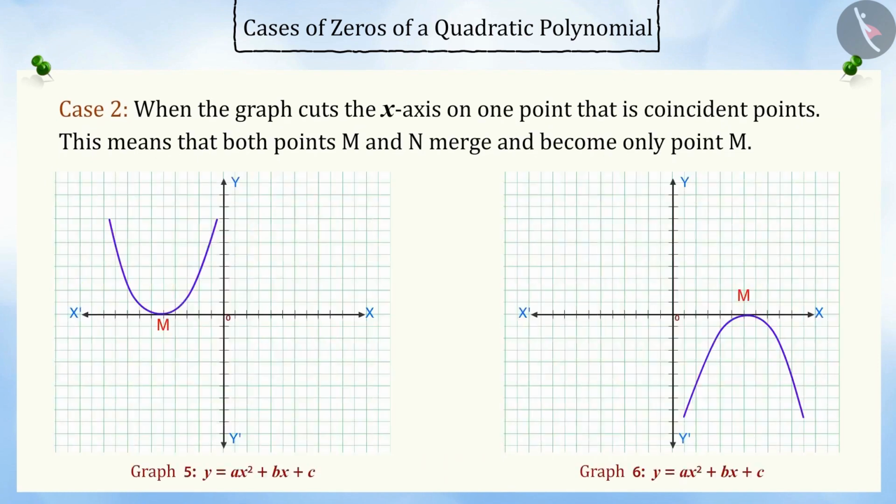Case 2. When the graph cuts the x-axis on one point, that is, coincident points. This means that both points m and n coincide and become only point m. This means that the x-coordinate of point m is the only zero of the quadratic polynomial ax square plus bx plus c.